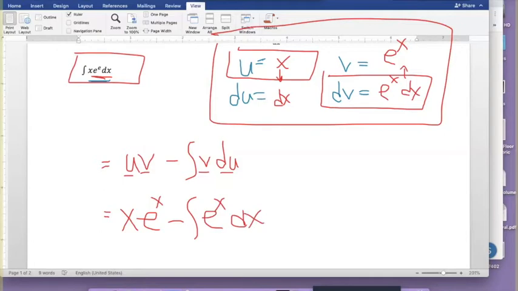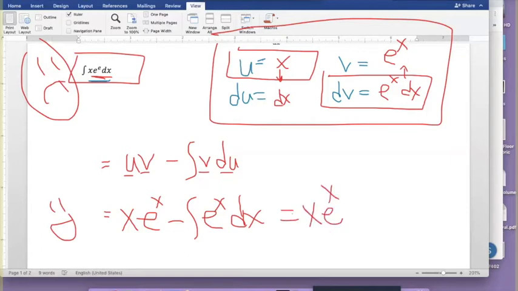Okay? And we went from something that we could not integrate, it's supposed to be a sad face, to something we can integrate. This becomes x e to the x minus e to the x plus c. All right, and that is the integral of that using what's called integration by parts.